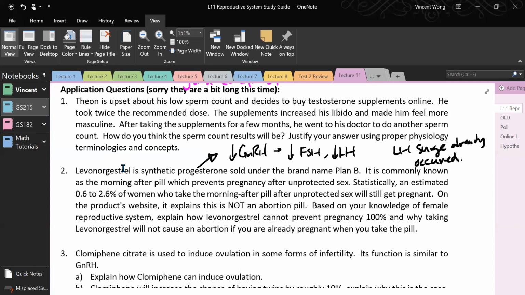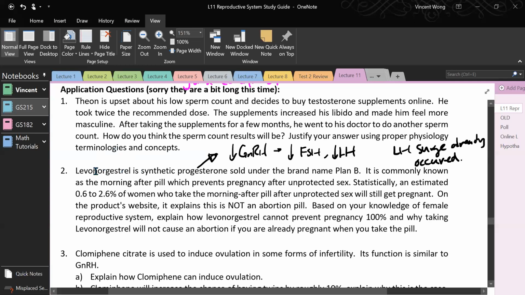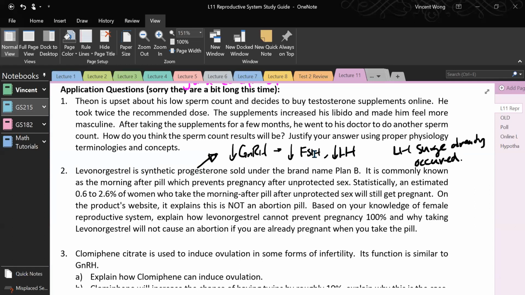Now, why is it not going to cause abortion? Again, the whole mechanism here is that it will suppress the LH and the FSH. So if the egg is already fertilized, taking this will not change anything, because the body will naturally do this anyway.